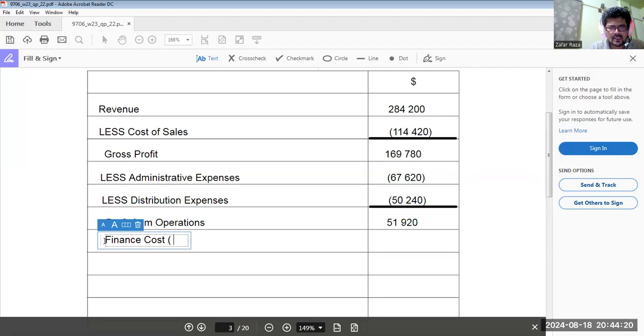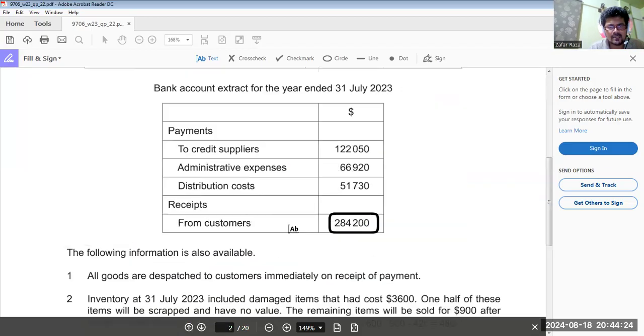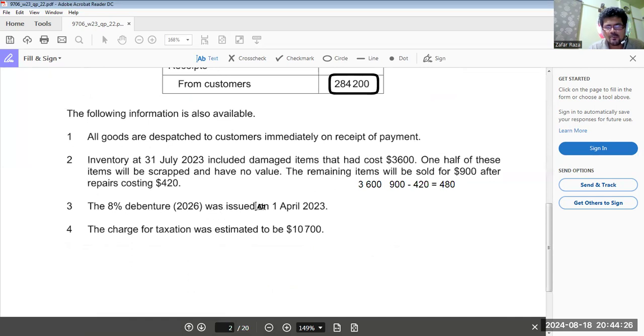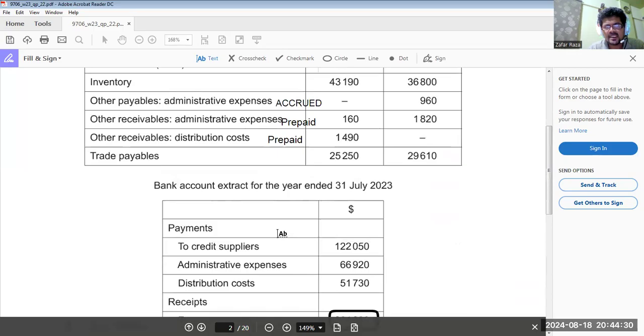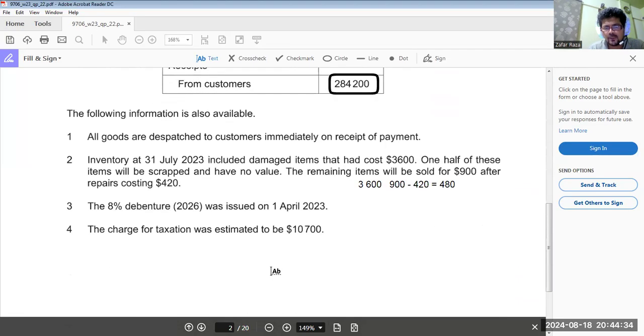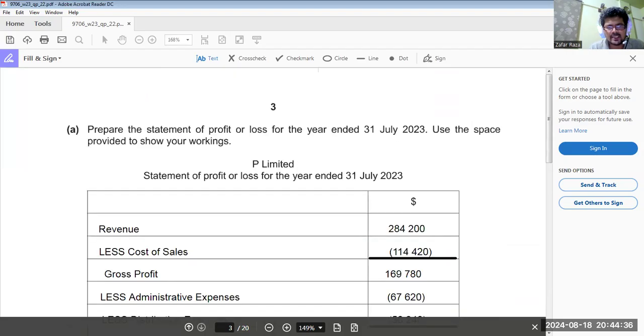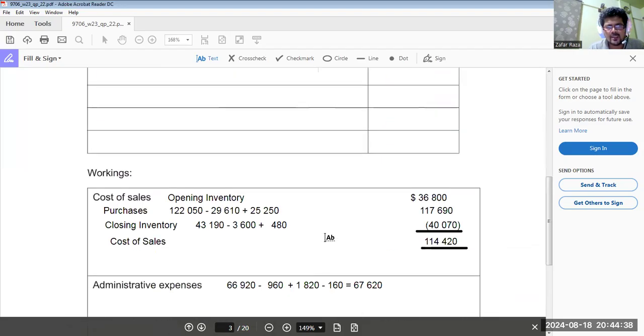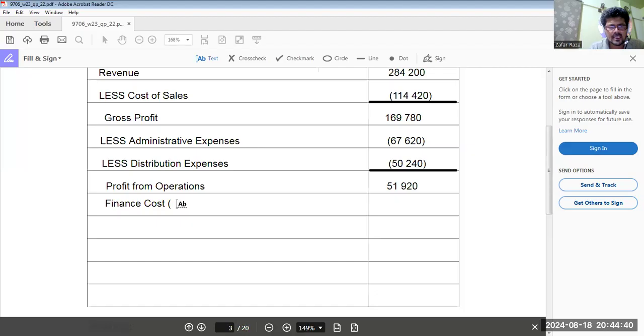You know what is finance cost? I told you earlier, we have to calculate this 8% debenture. So 8% interest on debentures. The debenture cost is 36,000, but debentures we have issued only 4 months ago. So we have to calculate the interest on debentures for 4 months.